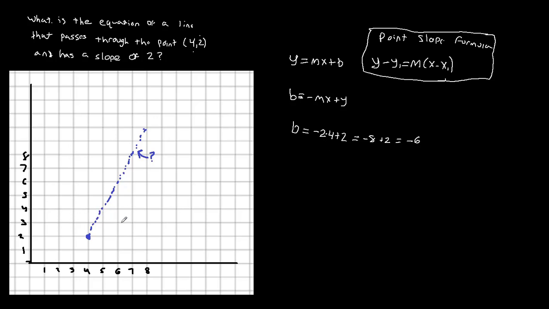So this illustrates 2 things. One, it illustrates what happens when you ask to solve an equation with a point and a slope. But the other thing is it illustrates what it means when our y-intercept b is negative. Well, if you think about the definition, this should be intuitive, because our intercept is just what is y when x is equal to 0. All that means is that it's intercepting the y-axis when y is a negative number.